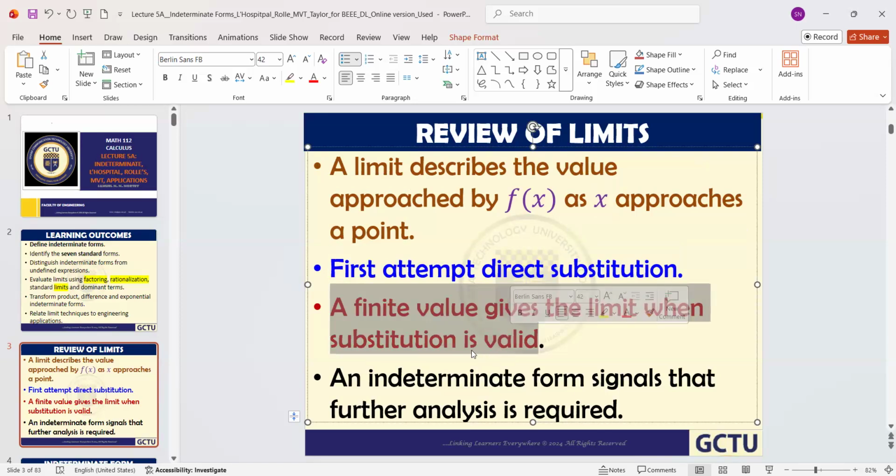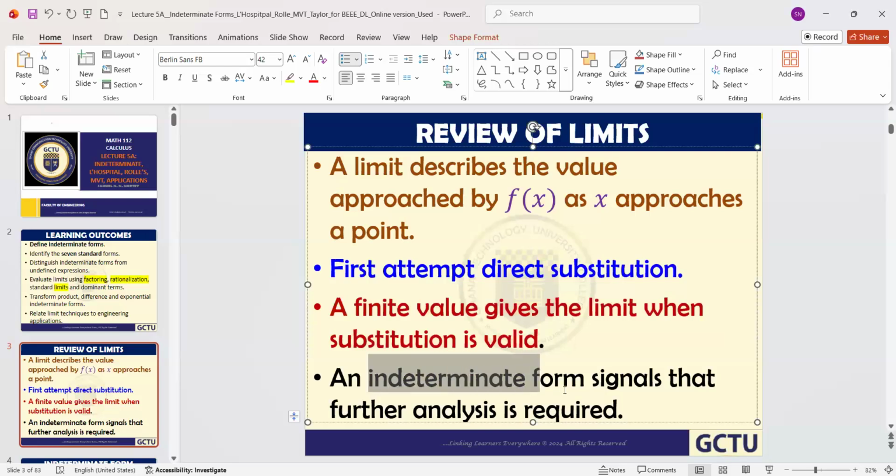But when the substitution gives you answers that are not valid, then we are going to use the indeterminate form to be able to do further analysis. So that is the review of limits. Just substitute the limiting value. If the answer is okay, you go on.